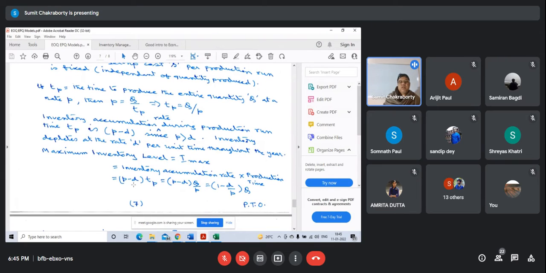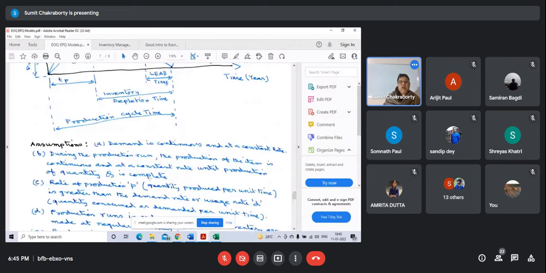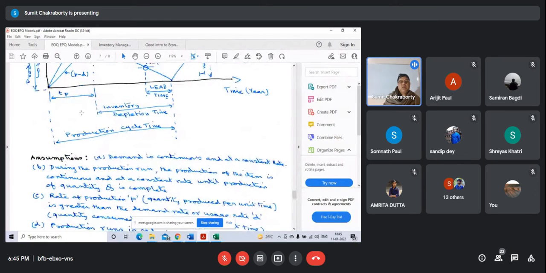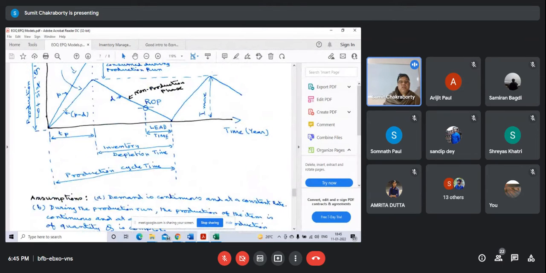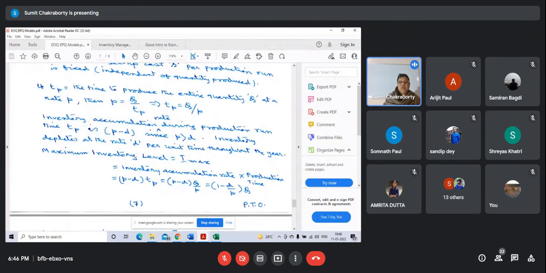So P minus D is the inventory accumulation rate, and TP is the production run time up to this. So that is maximum inventory. Now TP, as we know, is Q by P. Then you divide P and D with this P, you get 1 minus D by P into Q. All right.